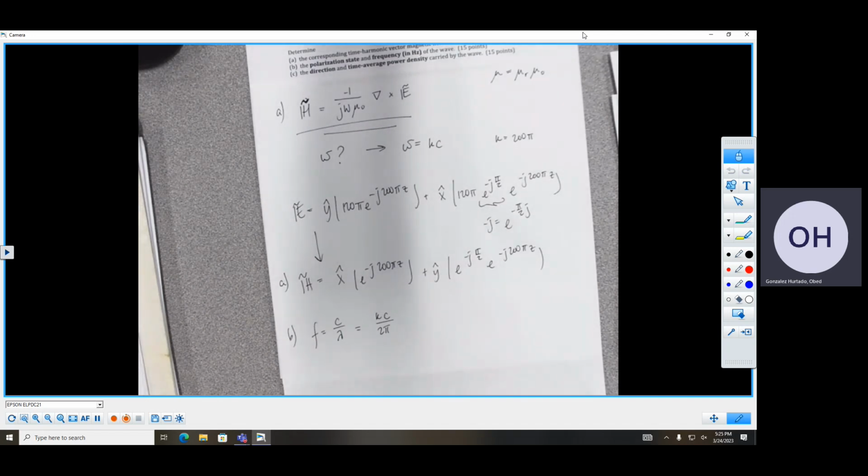Is there any other questions from any previous exams that have been 3 questions that you remember? I only remember 2. The one from before, it was a square loop. No, that one has polarized.